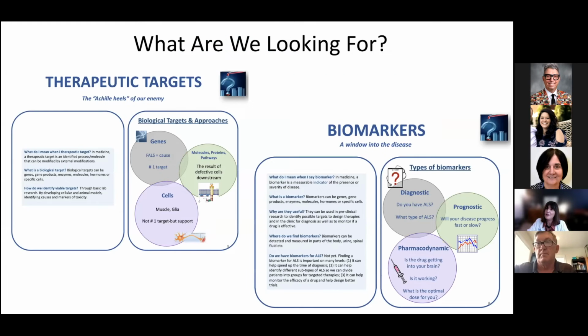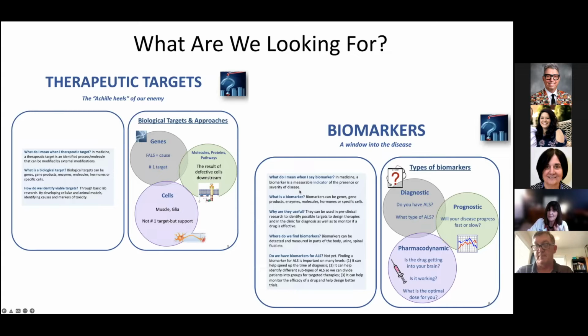So what are we looking for when we do this first step of lab or translational research? We are looking for two major categories of molecules, which we call biomarkers and therapeutic targets. Biomarkers, in medicine, are really a measurable indicator of the presence or the severity of the disease.